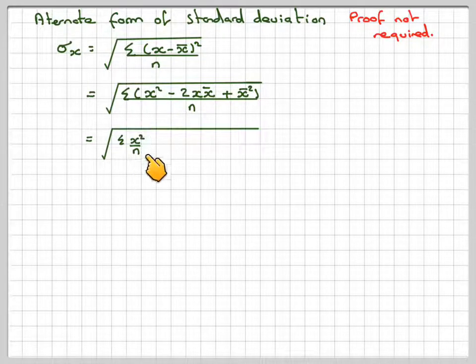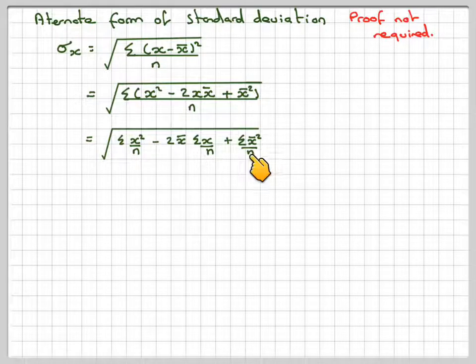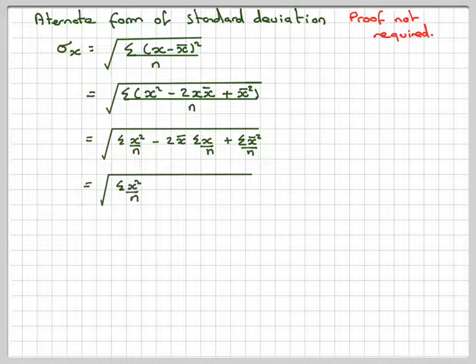And so that gives me sigma x squared over n minus 2x bar. Now, because we're just summing the x's, sum of x over n, but we've still got the sum of x bar squared over n, just to bring it out the denominator. This sigma x over n becomes the mean, and here we're summing the mean n times, adding up the mean squared n times.